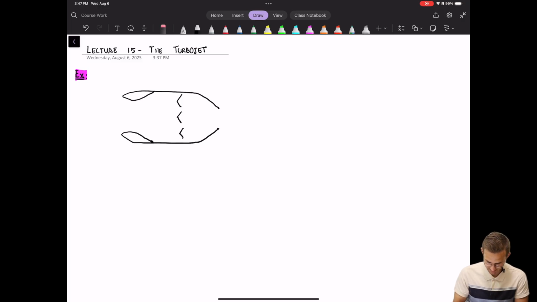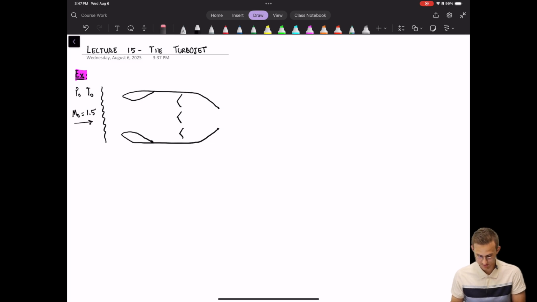And then there's a detached normal shock upstream of the ramjet. And then we have our free stream conditions upstream of it with a free stream Mach number of 1.5, flow going directly at the engine here.